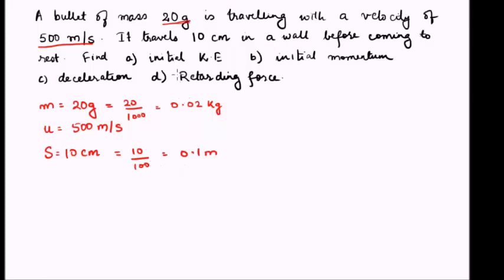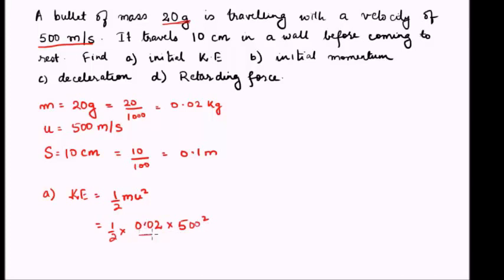Now the first part asks us to find the initial kinetic energy. So A, the initial kinetic energy will be half mass times the initial velocity square, and that would be half times the mass in SI unit, 0.02, and the initial velocity is 500, so we write 500 square.